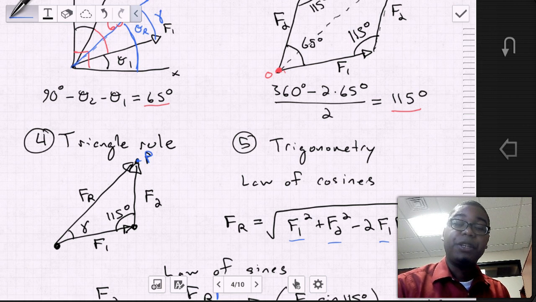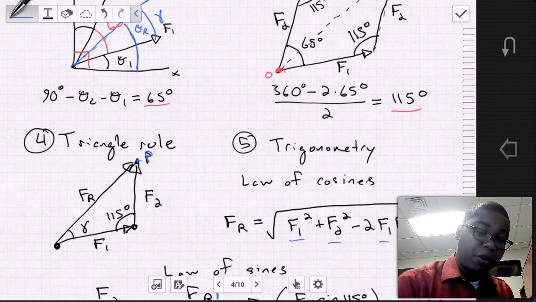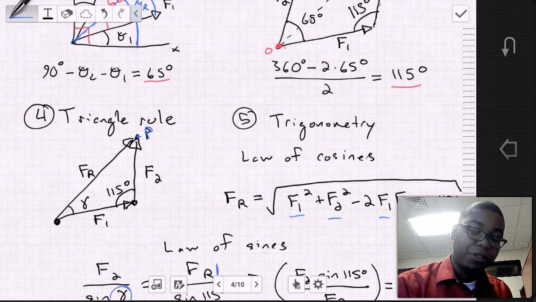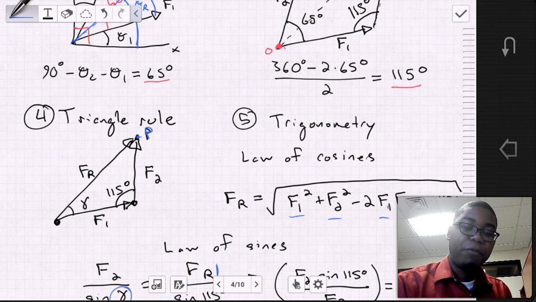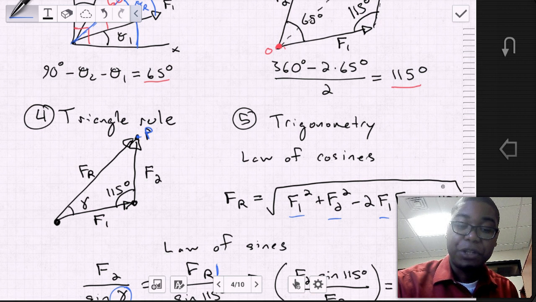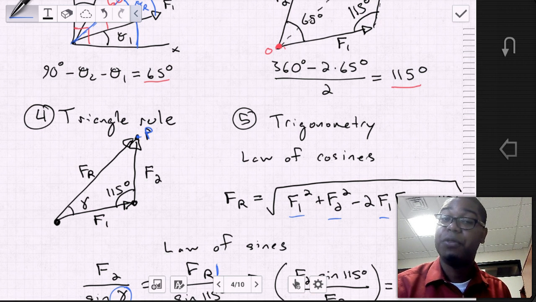What we're going to do is replace those quantities a, b, c with the magnitudes of force vector 1, 2, and R. So we take our law of cosines and find that the magnitude of the force resultant is equal to the square root of F1 squared plus F2 squared minus 2 times F1 times F2 times the cosine of the opposite angle, which in this case is 115 degrees.